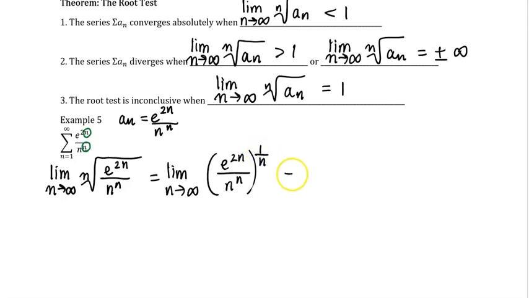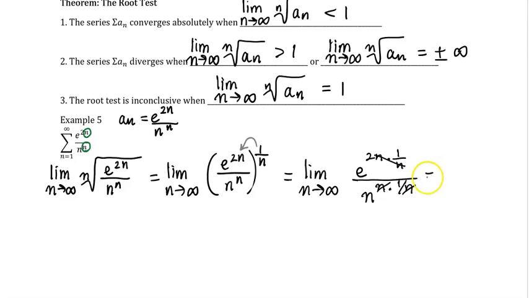So everything inside of the parentheses has an exponent of 1 divided by n on it. Rules of exponents tells us that we combine those exponents by multiplying. So I'm going to take the e to the 2n and multiply it by 1 over n so that the n will cancel. And in the denominator, I'm going to take the n to the n, and the exponent of n, I'm multiplying by 1 over n so that the n's will cancel.